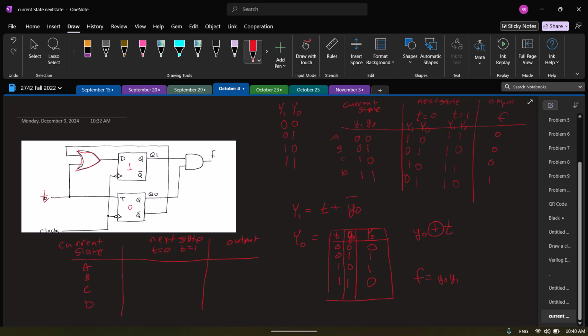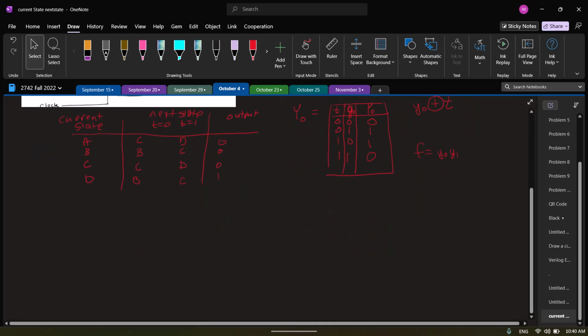That doesn't seem to show up anywhere else. Okay. B is 0, 1. That's here. Here. Okay, that's all for B. C is 1, 0. That's here and here. And here and here. And D is 1, 1. That's here and here. And our output is 0, 0, 0, 1.